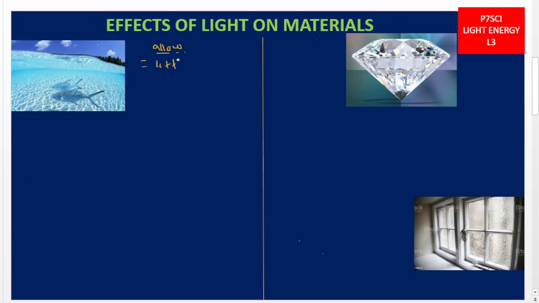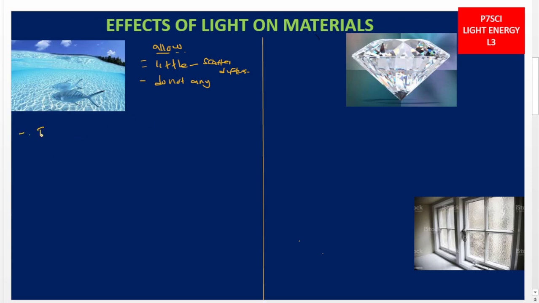Others can allow little light to pass through them, and others do not allow any light ray to pass through them. And these ones which allow little light to pass through them, they can scatter it or diffuse it.